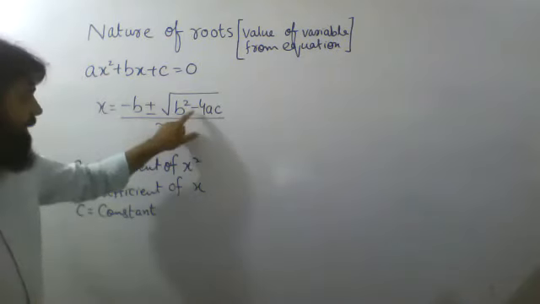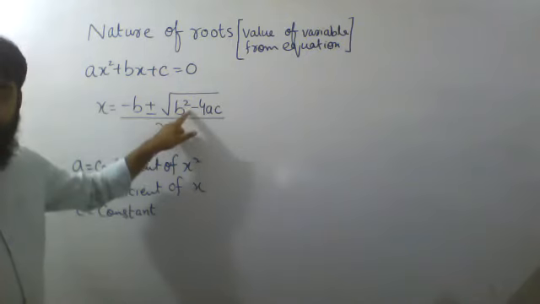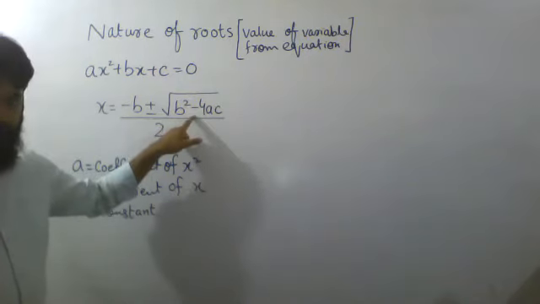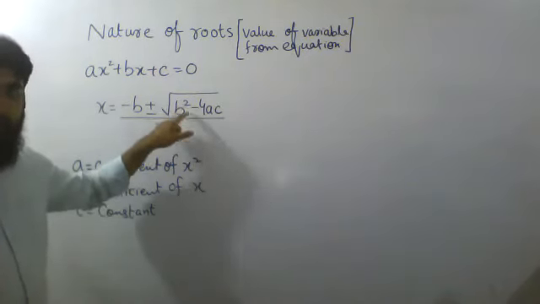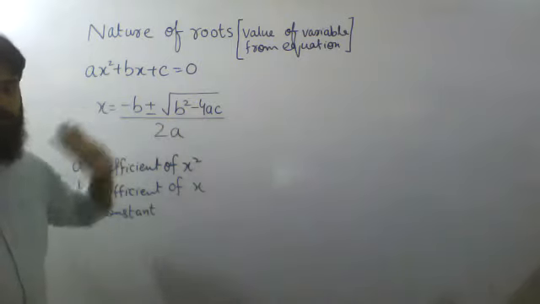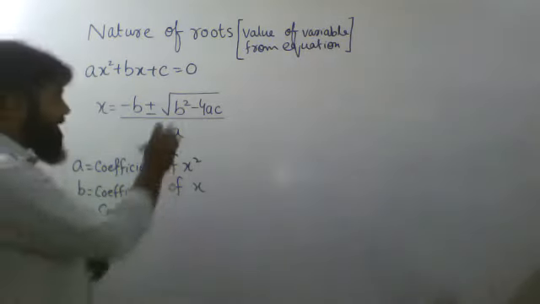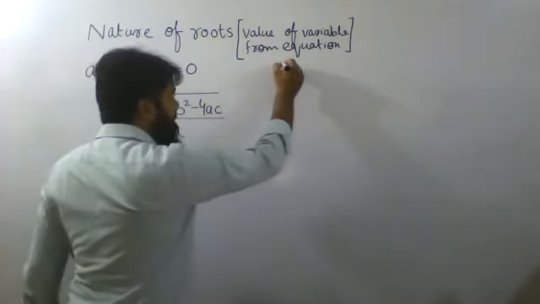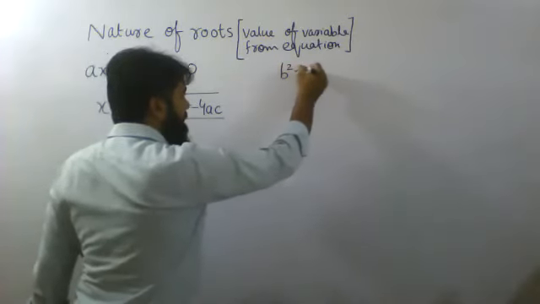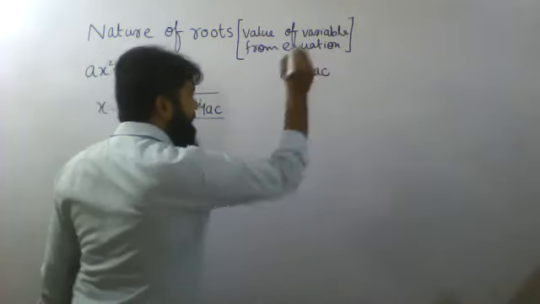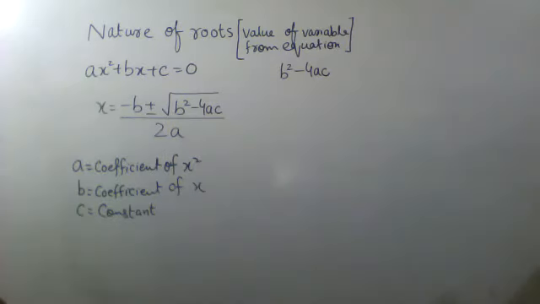So everything depends upon b square minus 4ac. Okay, so I'm writing b square minus 4ac separately over here.